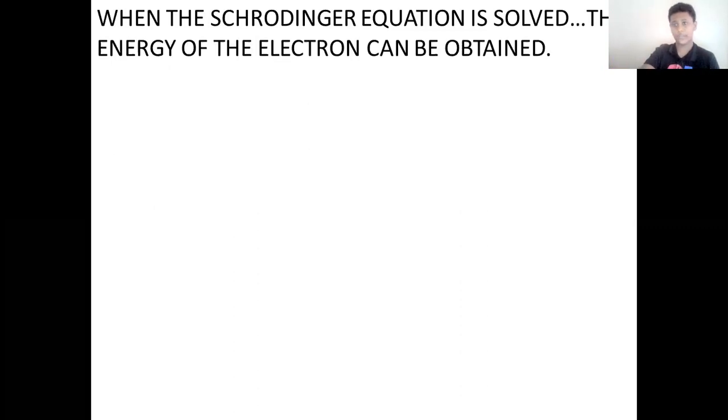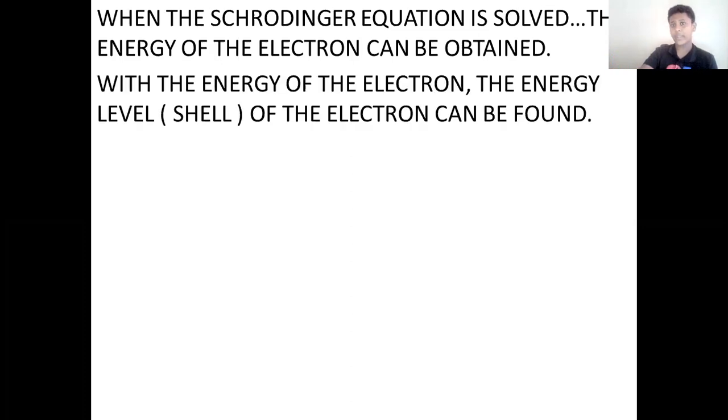Using the energy of the electron, you can determine its energy level, or the orbital shell it is present in the atom. So right now, using this equation, we can measure its energy level, like its position inside the atom.